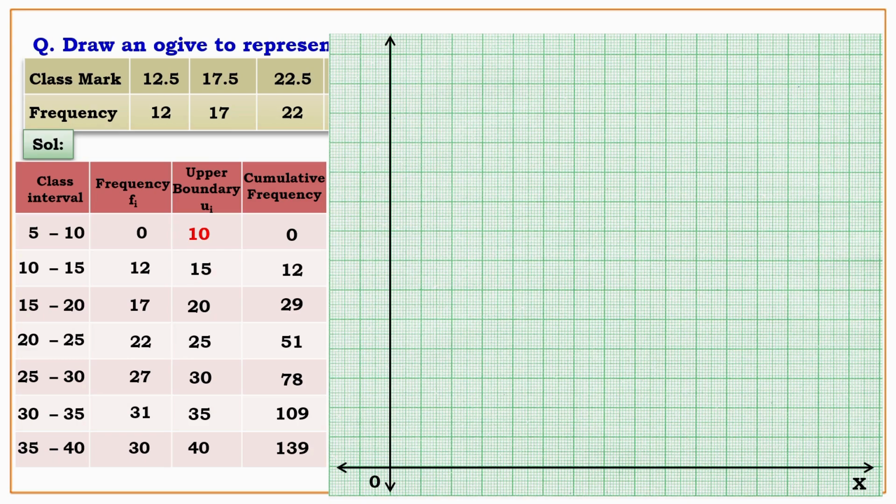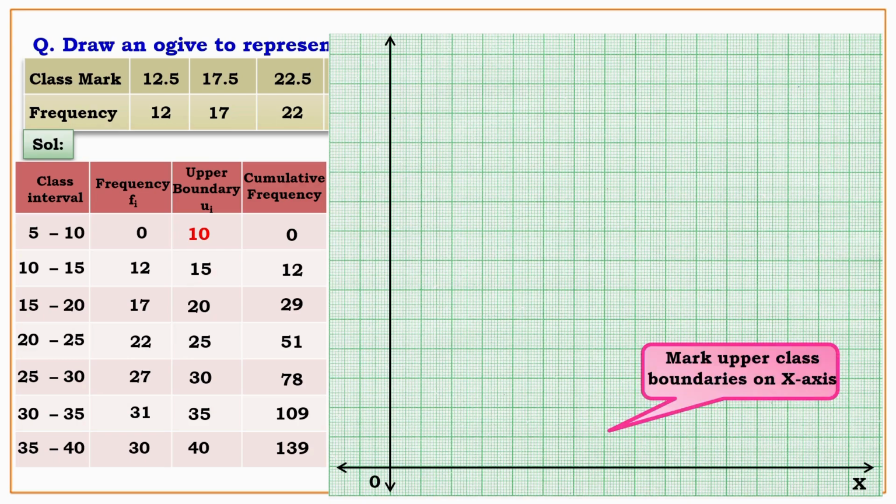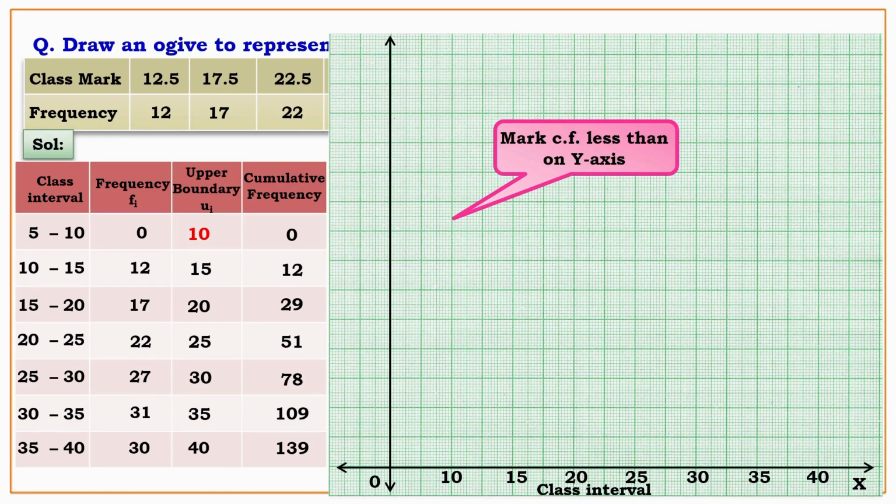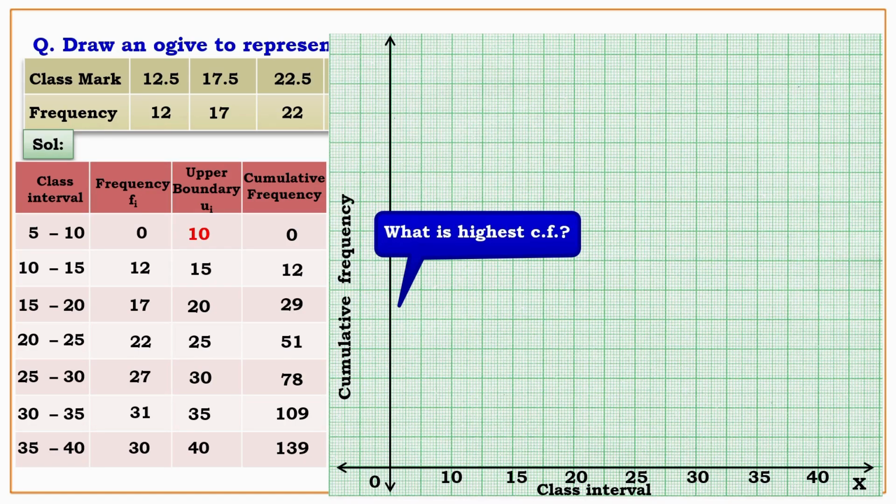So first we will draw the x-axis. Let's mark the upper class boundaries on the x-axis. This is going to be the class. We are writing just the class interval. Now mark the cumulative frequency less than on the y-axis. First find out what is the highest cumulative frequency here.